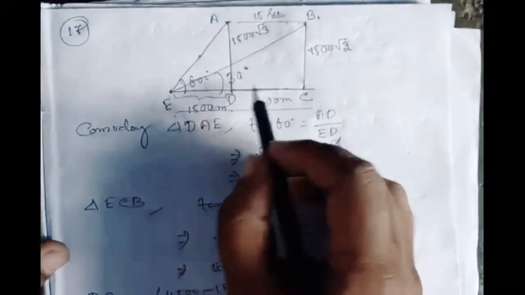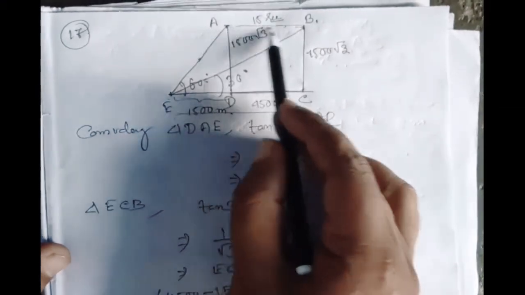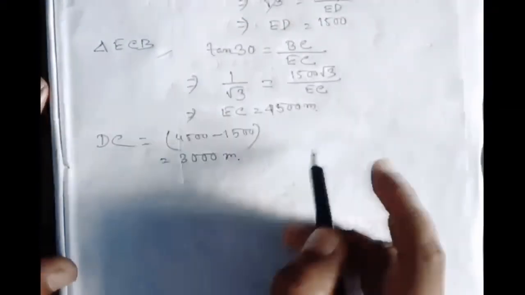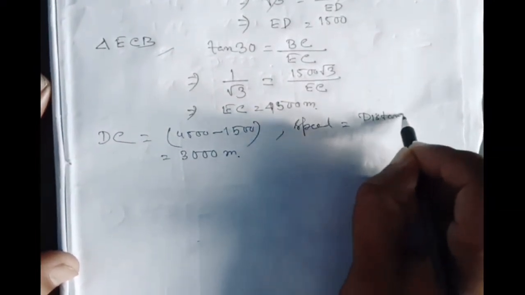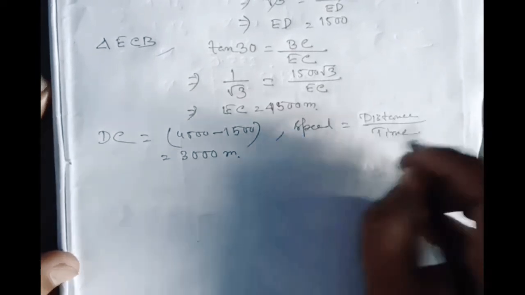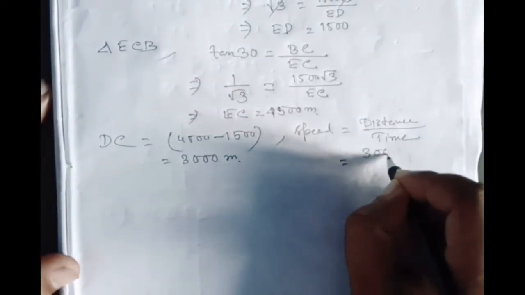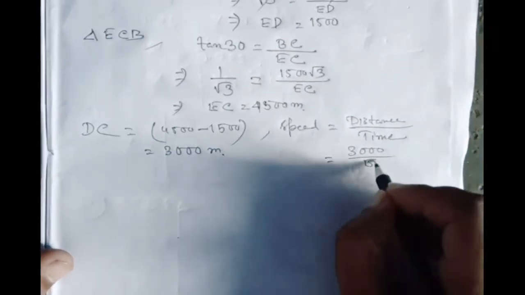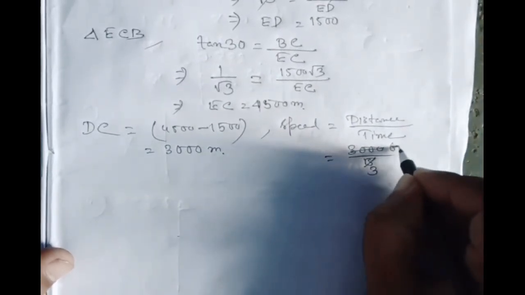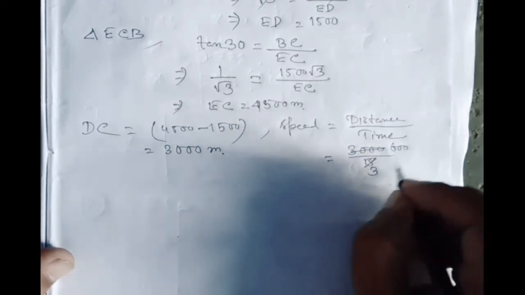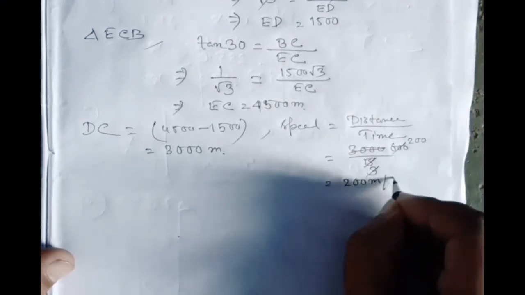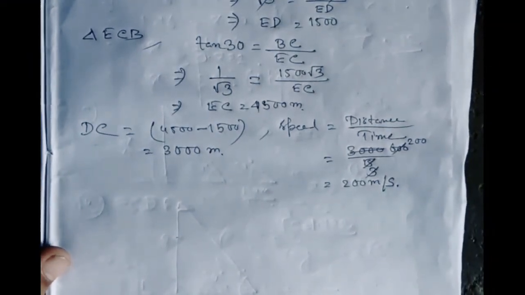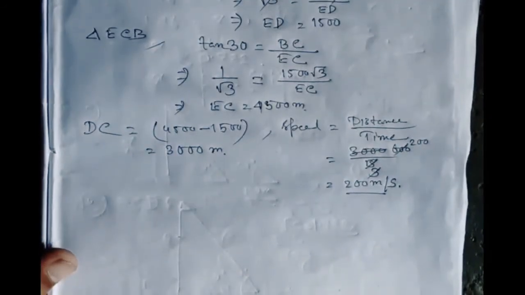The plane flies this 3000 meter in 15 seconds. So the speed of the plane, speed means distance by time, is 3000 by 15, that means 200 meter per second.